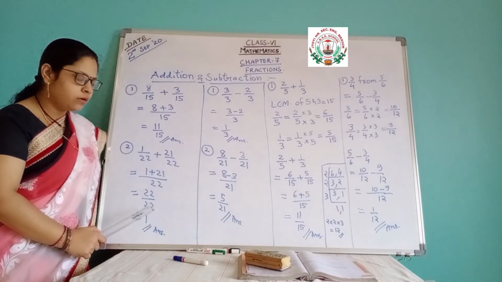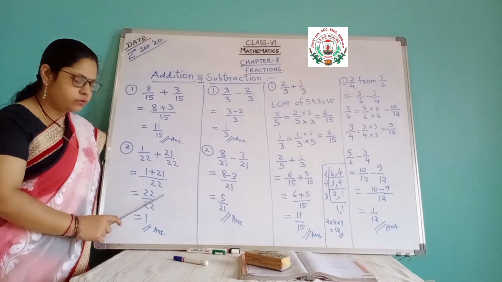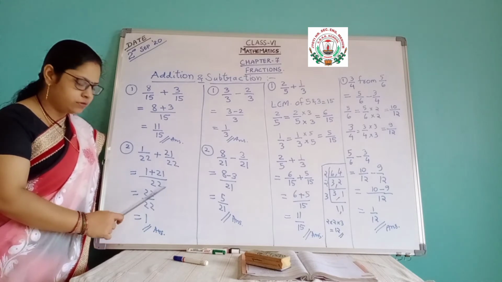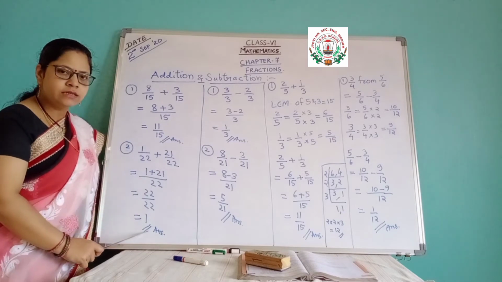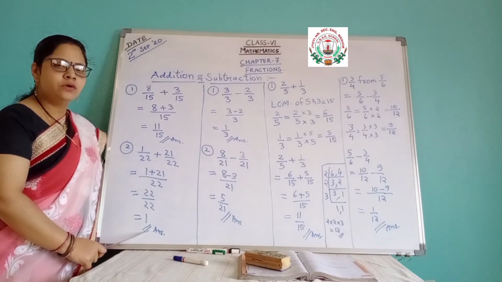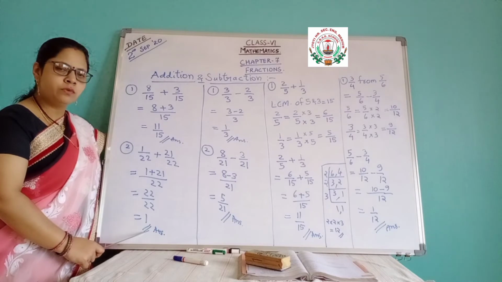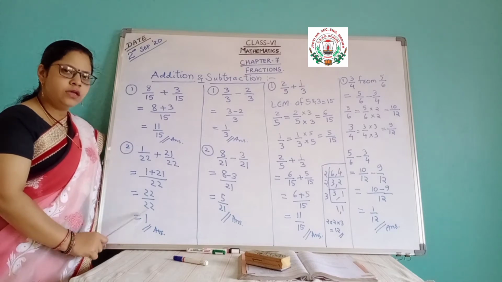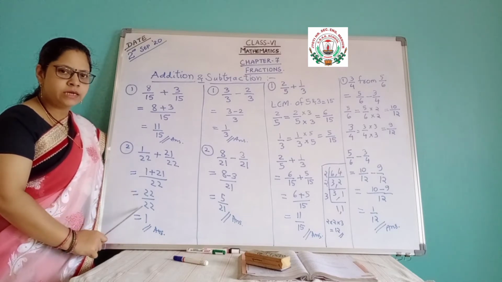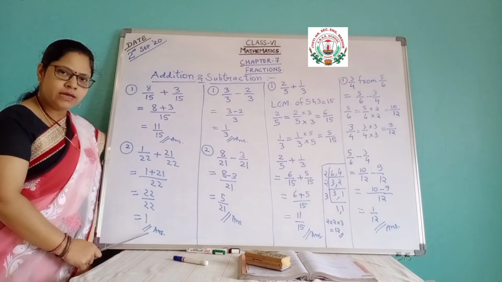Will you get 0? No, you will not get 0. 21 one time 21, 22 one time 22, so only 1 will be the answer. If the numerator and the denominator are both the same, you get 1 as the answer. Don't write 0 there. It is 1.